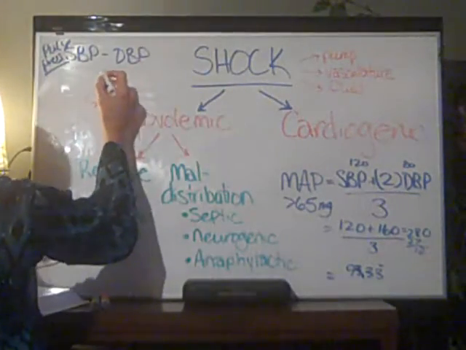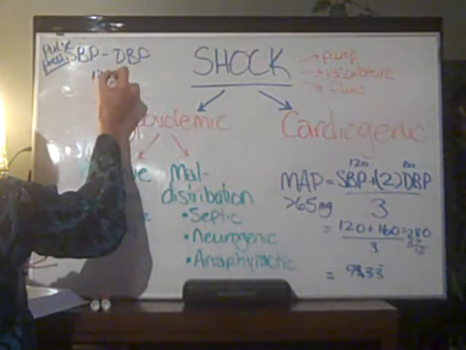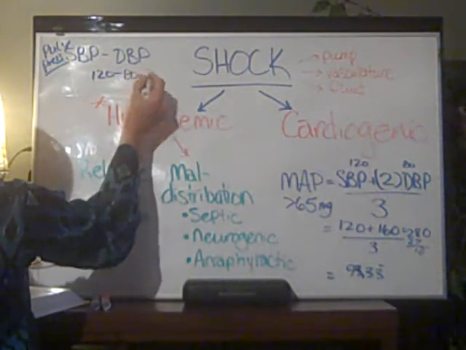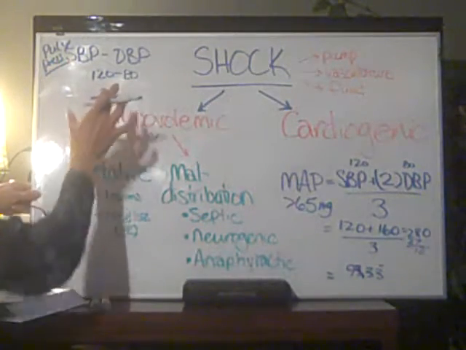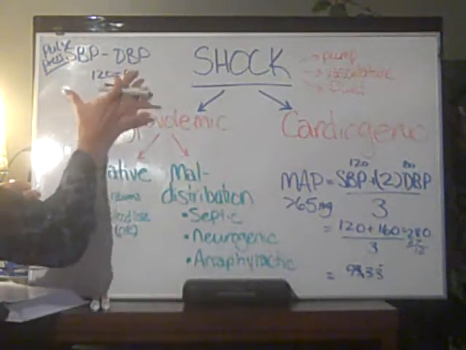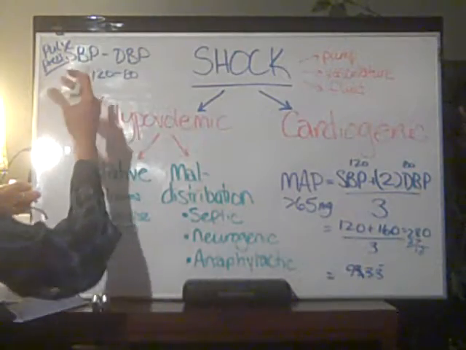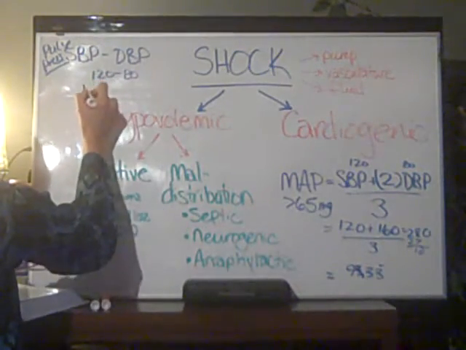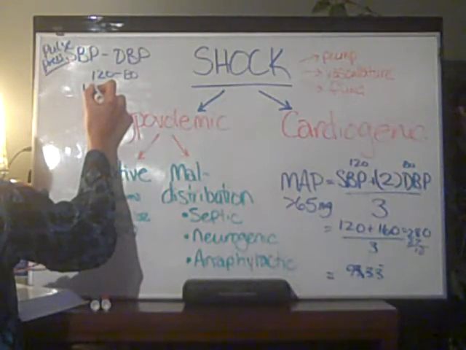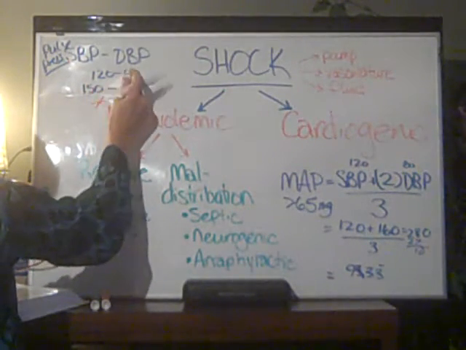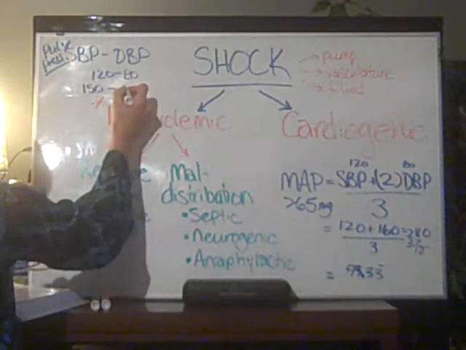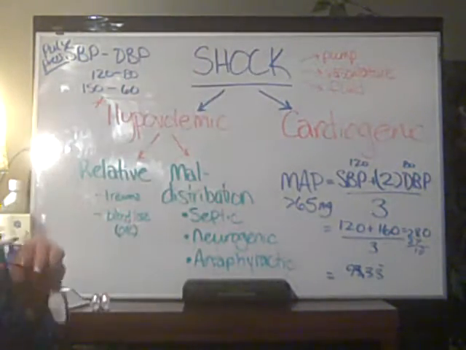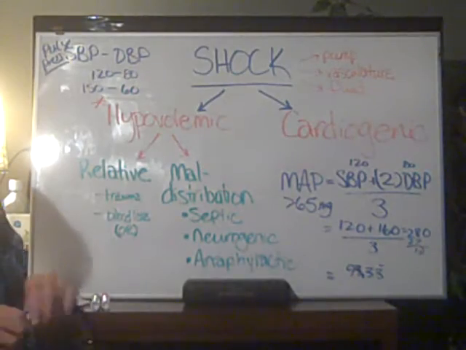So, let's say it's 120 minus 80. That's your baseline. But if this starts widening more than like 40 points, you start worrying. So if this one starts going up, like let's say now this is 150, and your diastolic starts going down to 60, now you have more than a 40-point difference, and now you start getting a little bit worried about that.